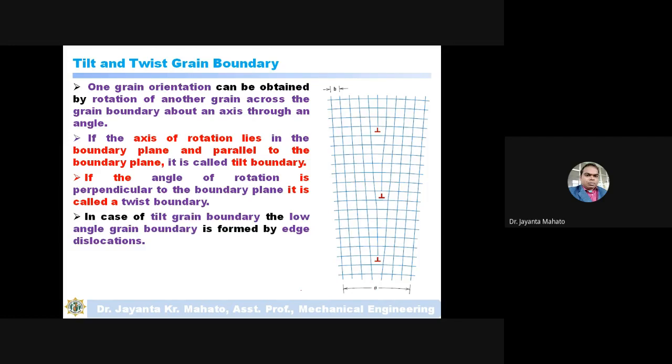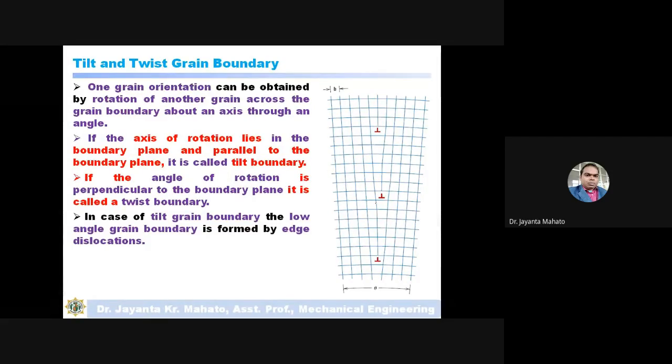So in case of tilt grain boundary, the low angle boundary is formed by edge dislocations. Okay, so I have told that grain boundary defects are formed by arrays of dislocations.